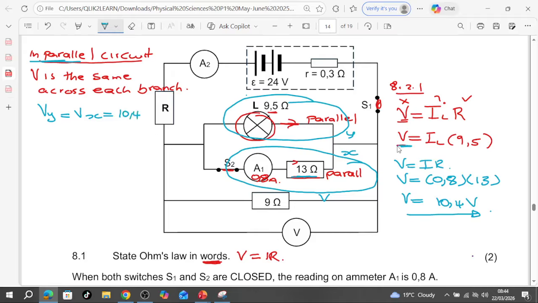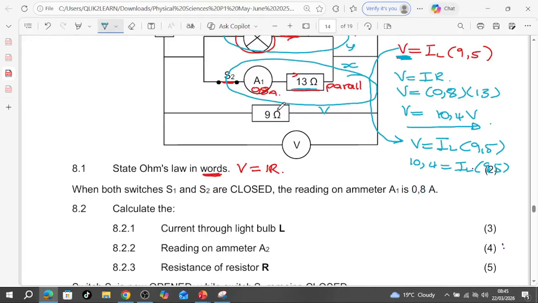To find the current, we substitute V as 10.4. I'm going to take down my formula here: V equals the current of L times 9.5. When I do the substitution, this will be 10.4 equals the current of the light bulb times 9.5.